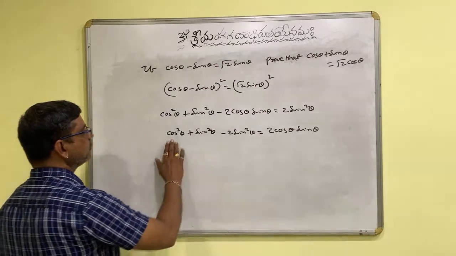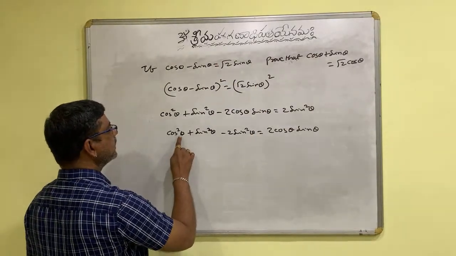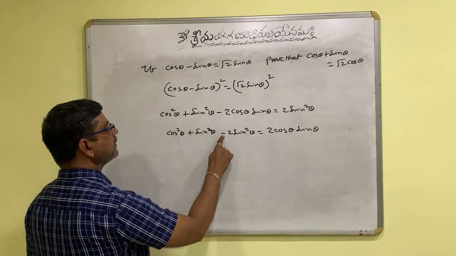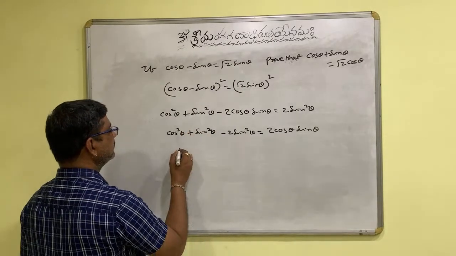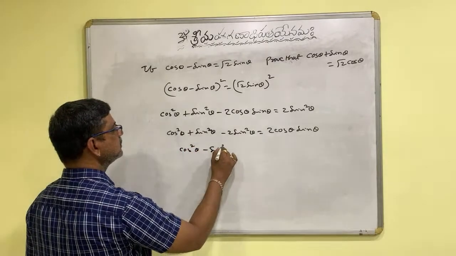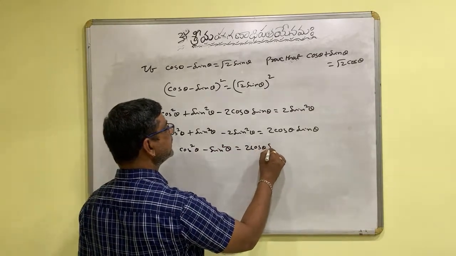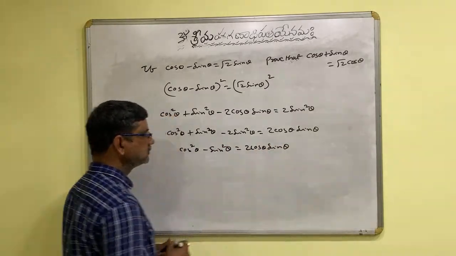Now, what is left over in LHS? Simplify that now. Cos square theta plus sin square theta minus 2 sin square theta. Then it becomes cos square theta minus sin square theta is equal to 2 cos theta sin theta.